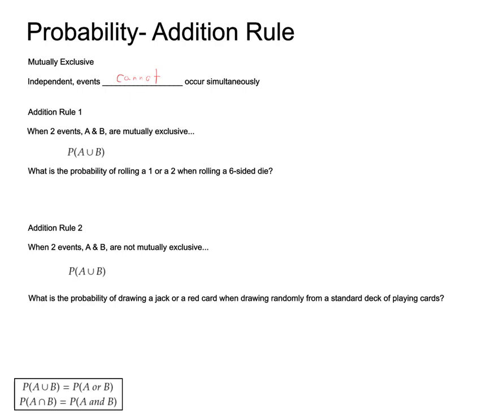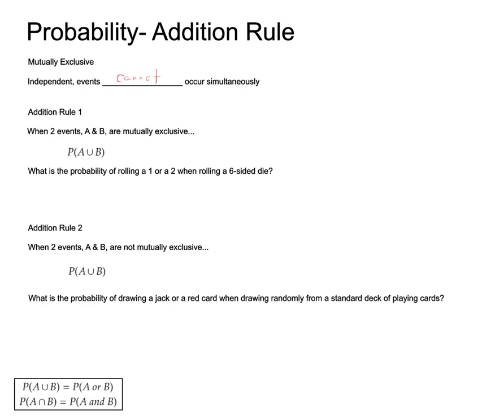On the other hand, an example of two events being not mutually exclusive can be drawing a 10 from a deck of cards and drawing a spade from a deck of cards, because there actually is a 10 of spades in a deck, so those are not mutually exclusive.